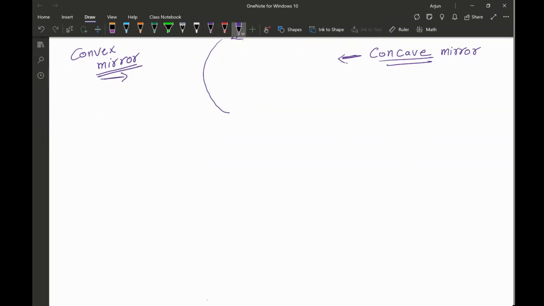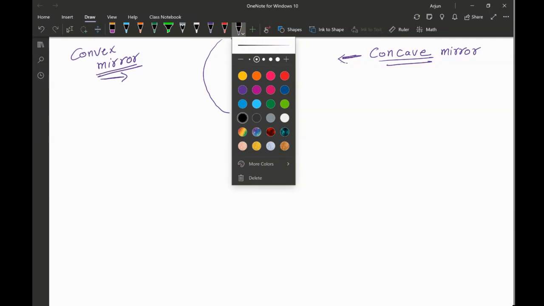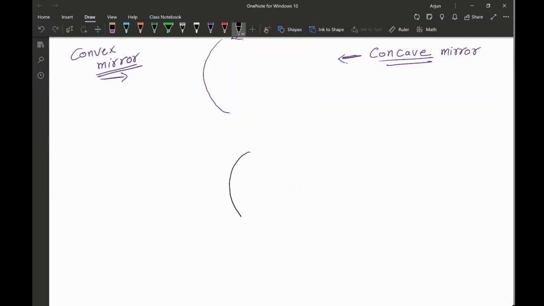So I'm going to change the color of my pencil. Now let's say this is a mirror, a concave mirror given to me. And before jumping into how the image is formed, we're going to talk about some of the terminologies. So if I complete this curve, it becomes a complete circle.